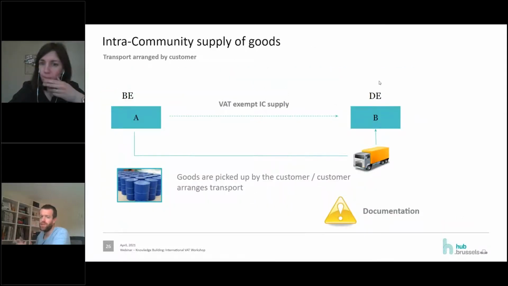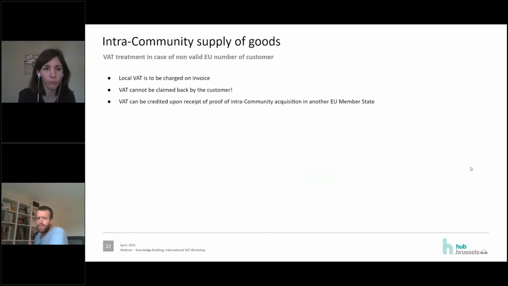So that is just an example of the Ex Works transaction, where the transport is arranged by the customer. Your customer is just going to pick up the goods at your warehouse or at your company and transport it itself. So again, really important that you have the necessary proof to justify the transport and the exemption.